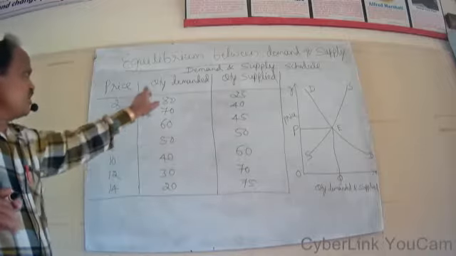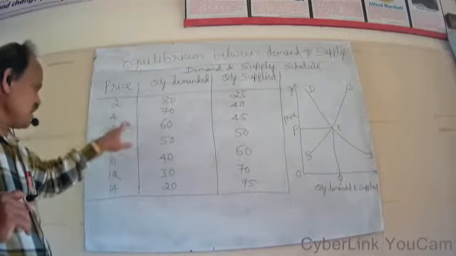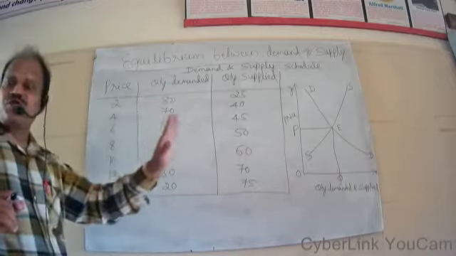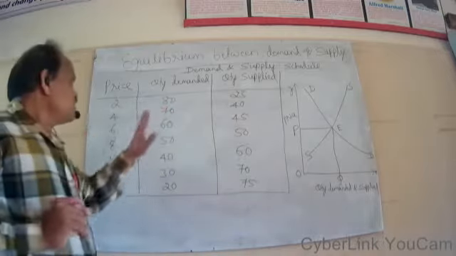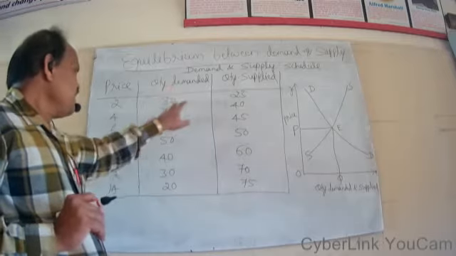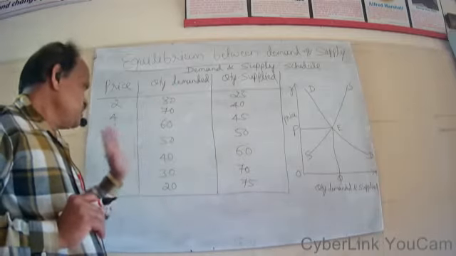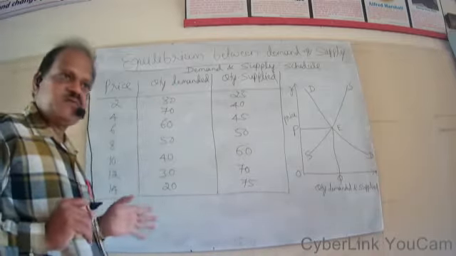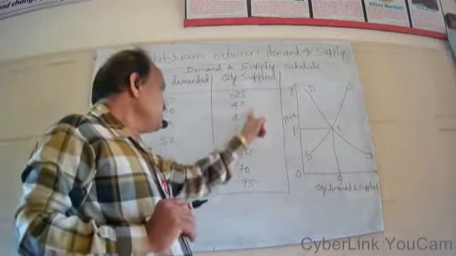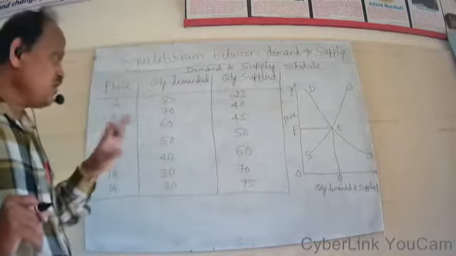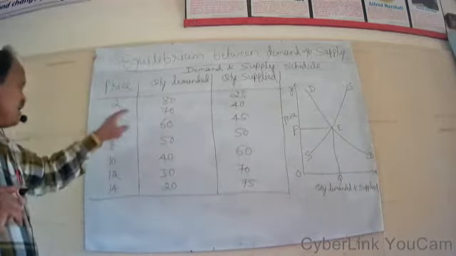So quantity demanded contracts with a rise in price. This is according to our law of demand. So quantity demanded contracts 80, 70, 60, 50, 40, 30, 20 like that. Similarly, quantity supplied increases or expands with a rise in price.